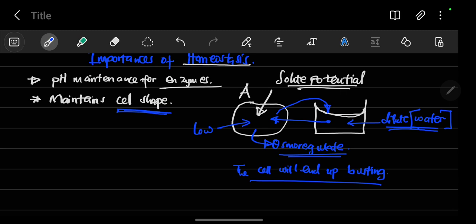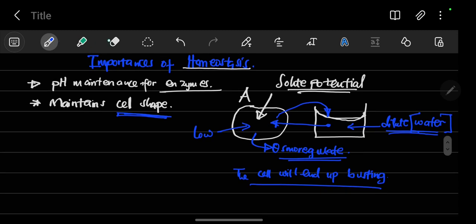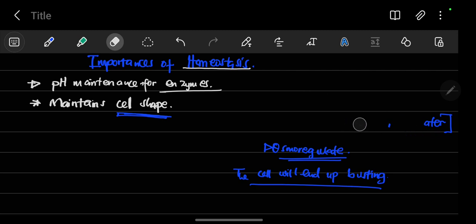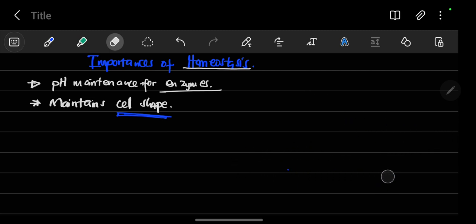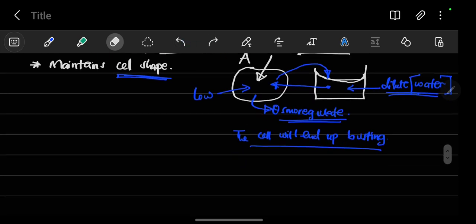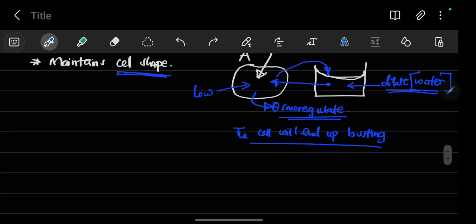So in the end, this cell is going to be losing water, and as it loses water, it's going to shrink. So go back and read your homeostasis and your cell physiology. You will find all that. Let me leave these things here. They will help you in your revision, maybe, if you're reviewing this work.